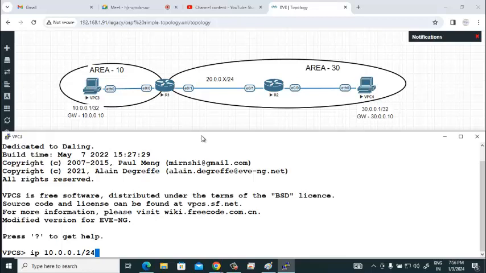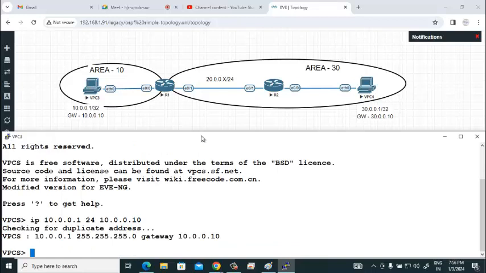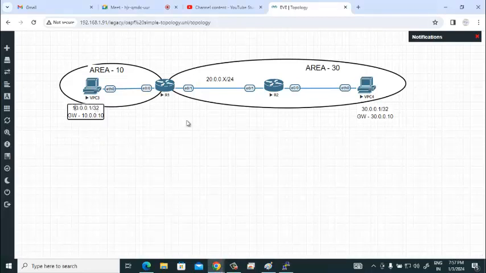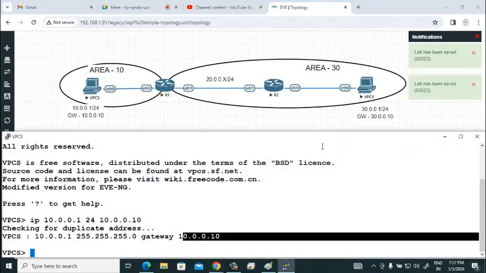Now you will see, this is the IP, this is the mask, this is the gateway. If you put 32, then you cannot have a gateway as 10.